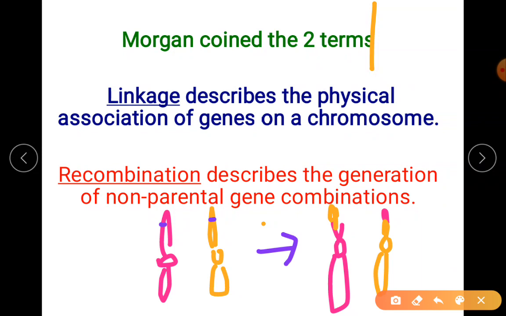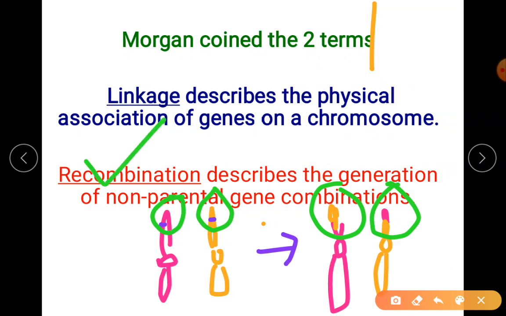I hope you got it. This portion, which was pure, has got interchanged. You can see the color changes. The segment has got exchanged, a segment of DNA, a segment of the chromosome. This is called a new combination, recombination.